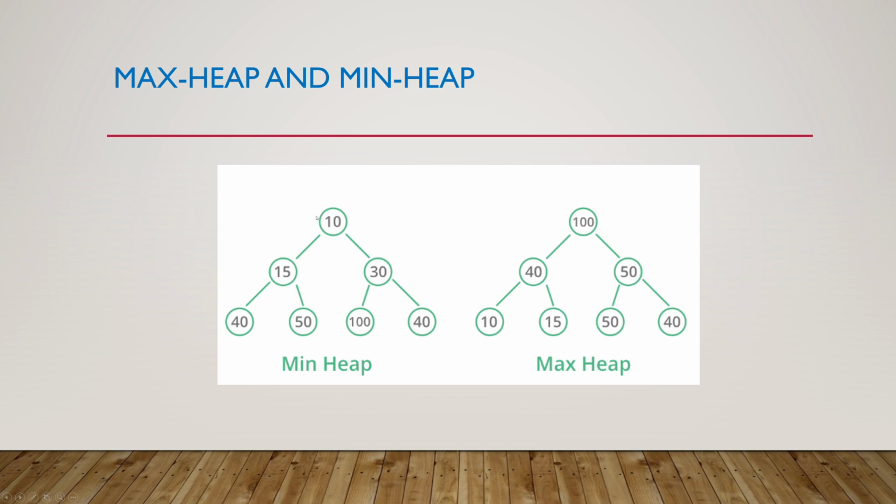If we see the min heap, the root node is 10 and it grows beyond 10 as we go to the lower levels towards 15, 30, then 40, 50, respectively. Similarly, the max heap starts with 100, which is the maximum element.